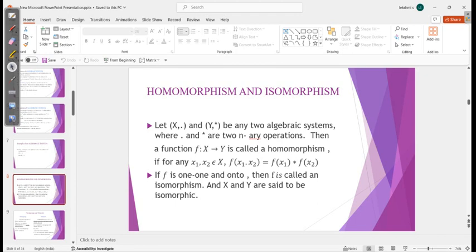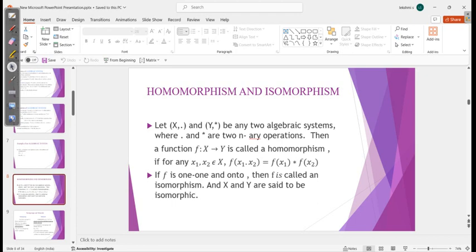We obtain f of x1 star f of x2, because f of x1 and f of x2 are elements in y, and the operation in y is star. So f of x1 dot x2 is equal to f of x1 star f of x2. In some cases these two operations can be the same. For example, in the case of addition, if it is a plus here, we can put plus here also. So that is known as homomorphism.